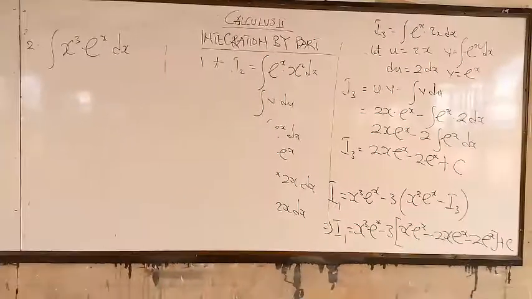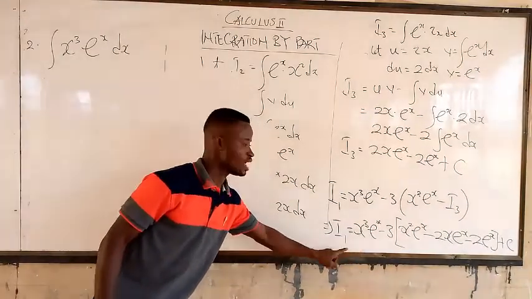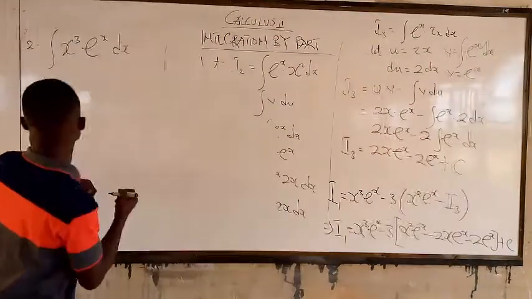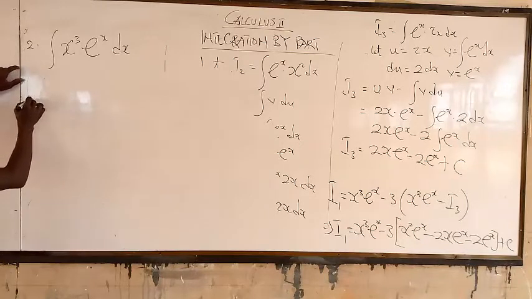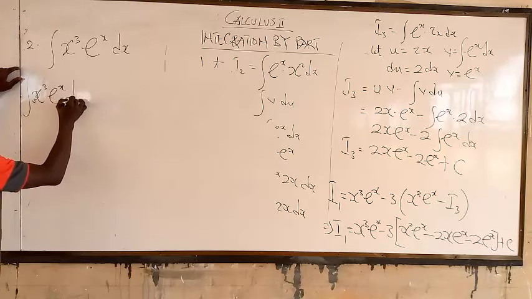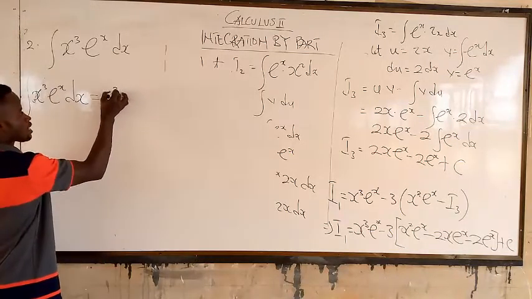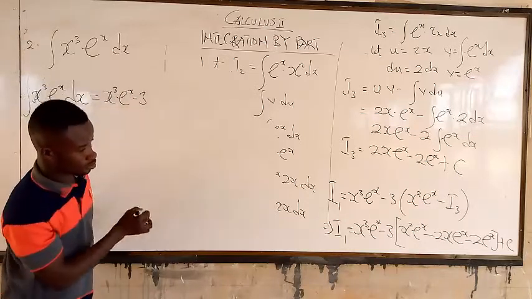So, that's what we are going to get for I1. And here, we know that the I1 is the whole of this original question that we are solving. So, the integral of s to the power 3 e raised to the power s ds is going to be equal to s to the power 3 e raised to the power s minus 3.